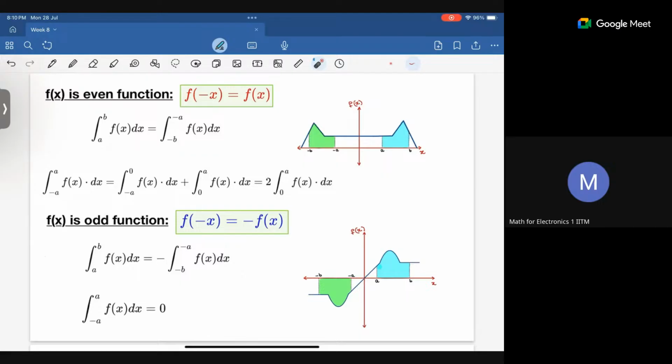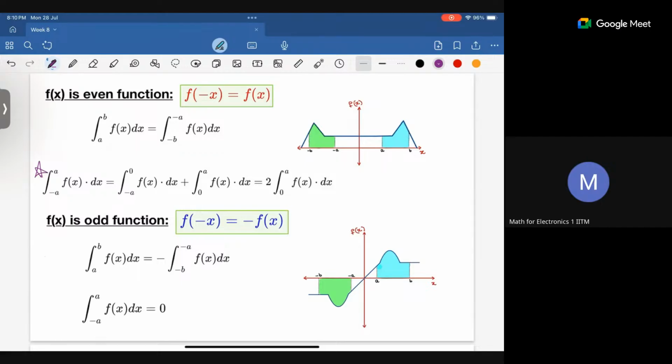But if f of x is even, we can clearly see that from minus a to 0 and 0 to a, both have the same area because of the symmetry of the function. So rather than computing the whole area, I will just compute this area and take twice of it. That will give me the total area from minus a to plus a. This is one important property that we can use to reduce the complexity of computation.